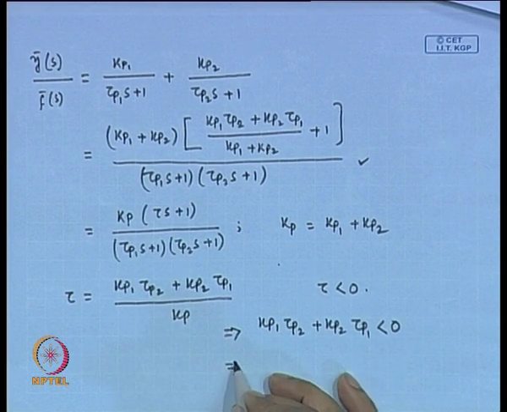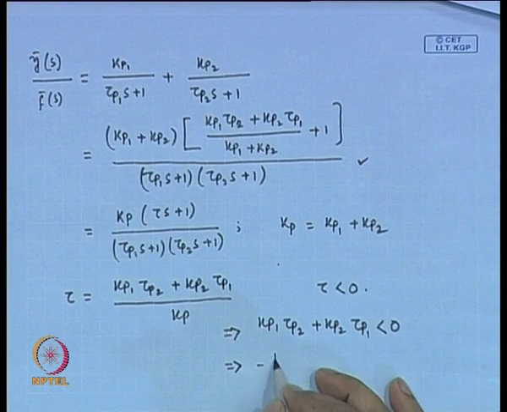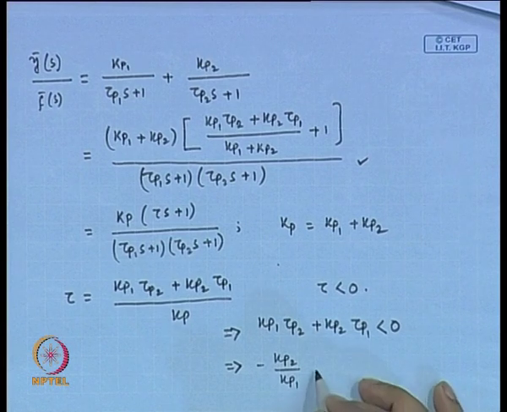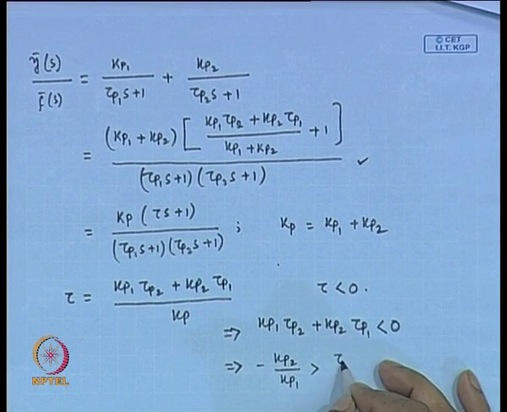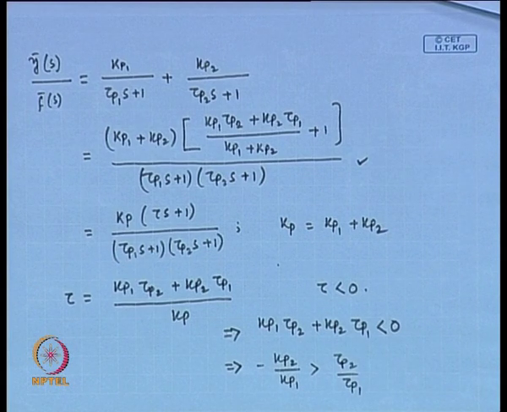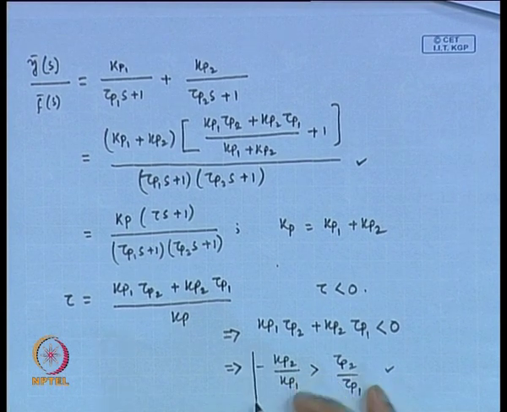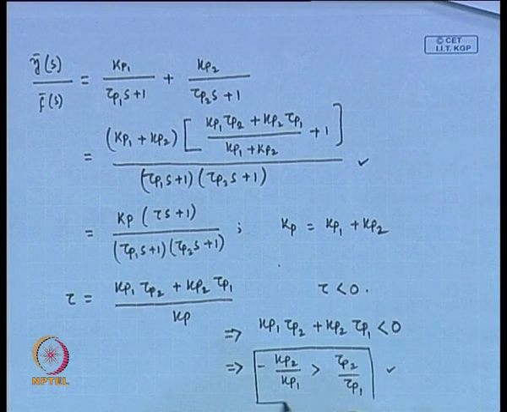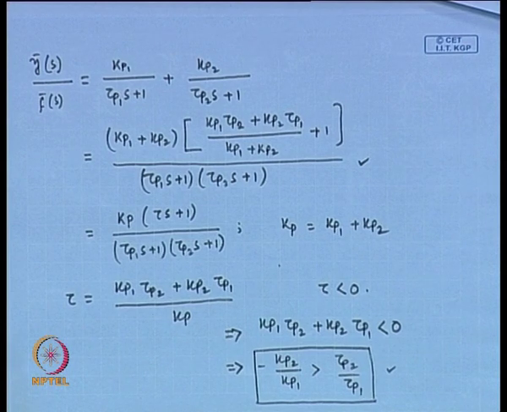So, rearranging this again, we obtain kp2 divided by kp1 greater than tau p2 divided by tau p1. Rearranging, finally we get this condition. So, at this condition the process shows inverse response behavior.